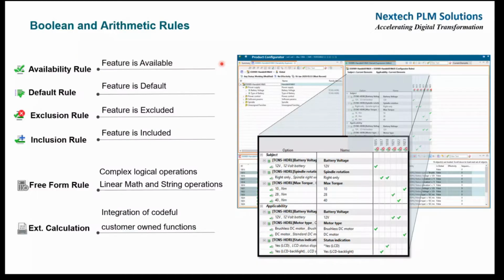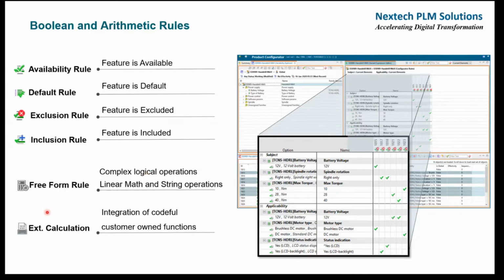So if the user selects any model lower than the top end, this feature will be automatically removed. Similarly, inclusion is like, the moment I select any model, some features would be automatically included and selected. That is something you can do using these rules.